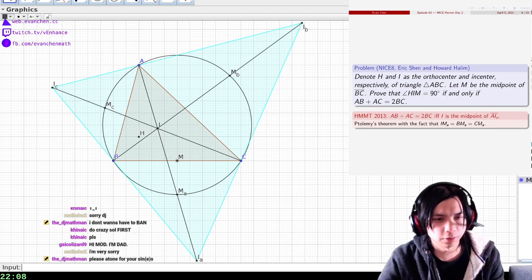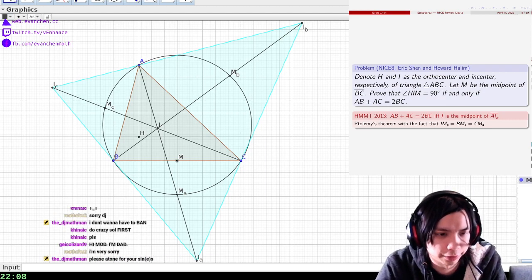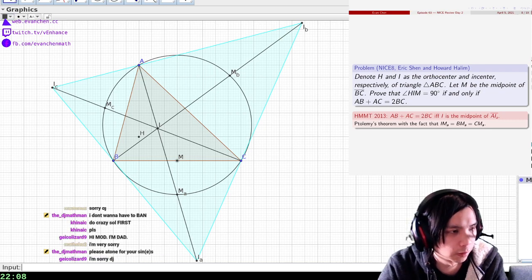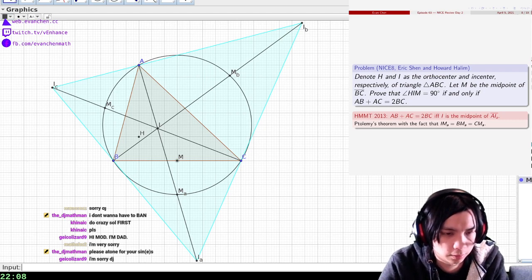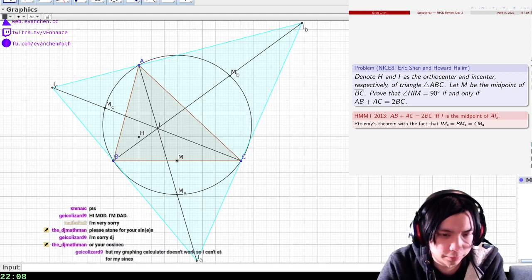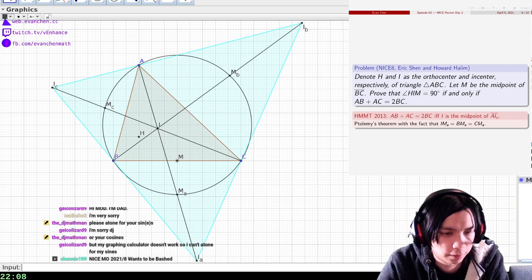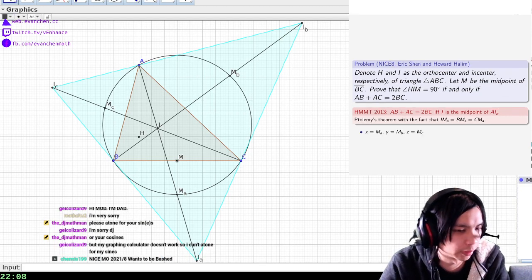Yeah, so basically if you want to use complex numbers, what you probably do is something like, we're going to use x equals MA, y equals MB, z equals MC. The orthocenter will be the kind of weird one.